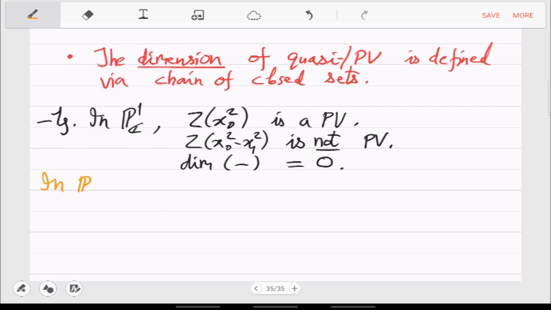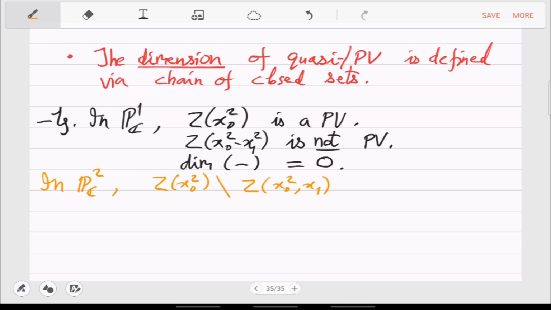Let's go to the projective plane over the complex numbers. Now if you take the difference of these two, no, not these two, sorry, something else. Look at this. What you have to remember here is that this projective plane comes from affine 3-space.